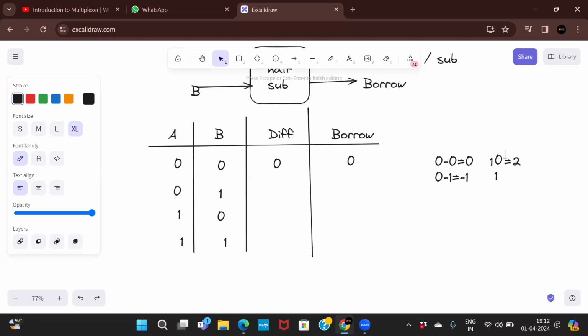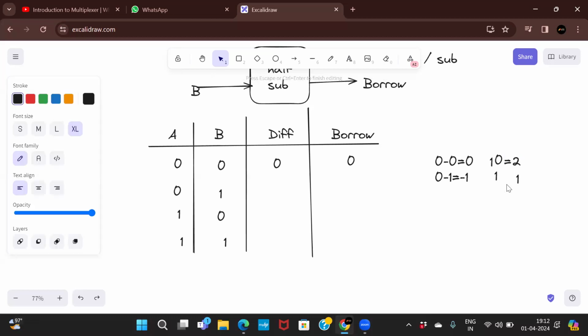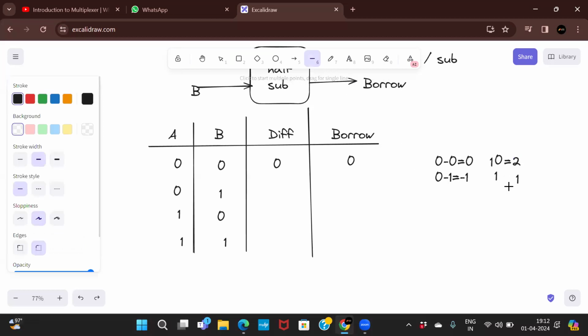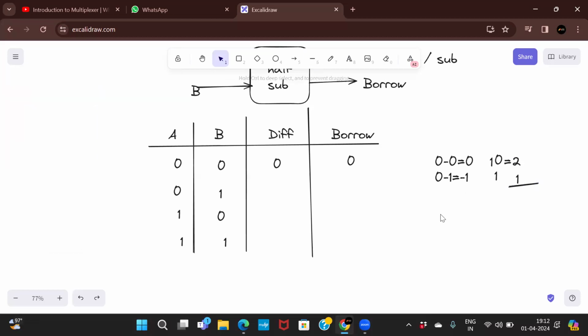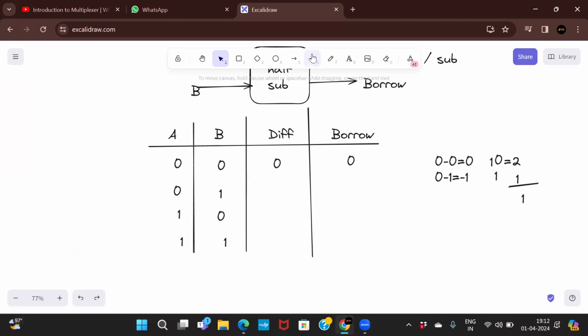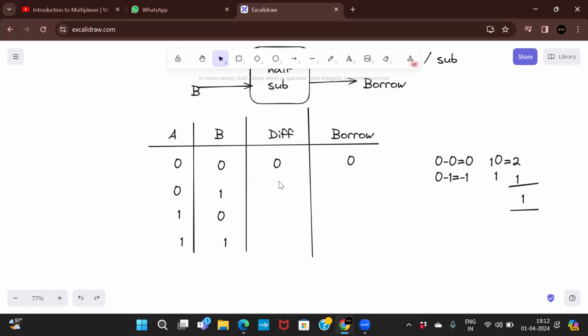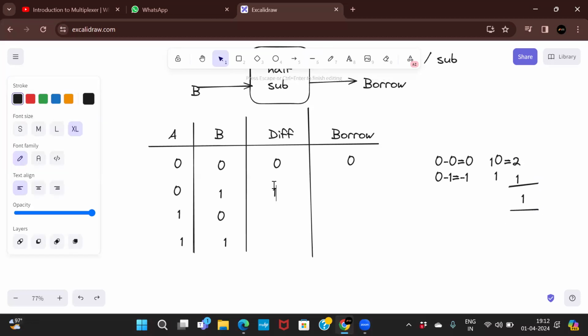Now 2 minus 1 is 1. So the difference is 1 and the borrow is 1, since we took one borrow for 0 minus 1.